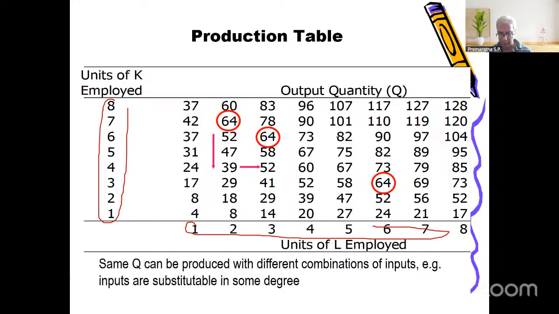I want to say that all the outputs here are technologically efficient levels of output. For example, 64 appears in three places, and for all those combinations that produce 64, it is technologically efficient. Similarly for any other number here you pick, all of them are technologically efficient.